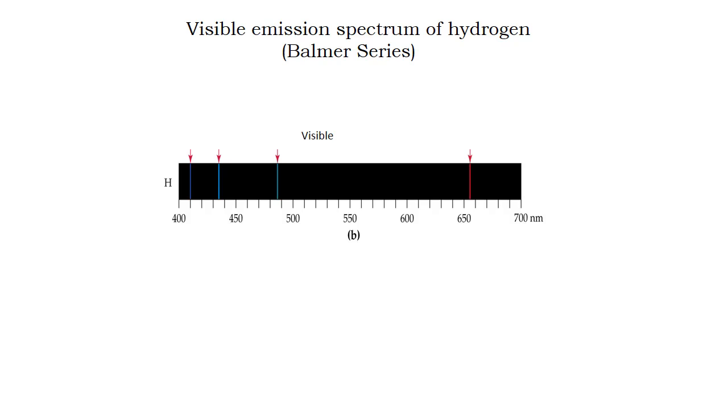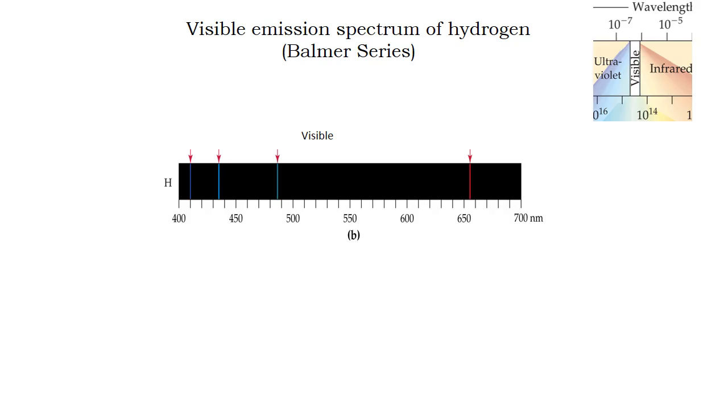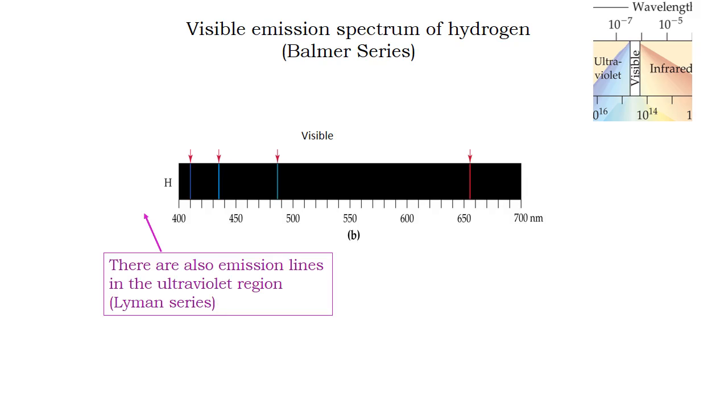If you remember, this is just the middle segment of the electromagnetic spectrum. You can see the visible region is just a small portion of that. Just to the left, shorter wavelength than visible, would be ultraviolet light. And there are emission lines in the UV region for hydrogen. Those are called the Lyman series.